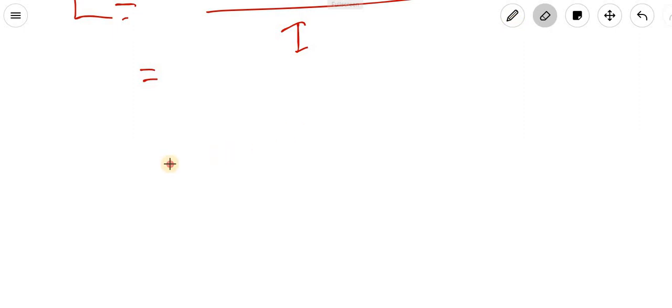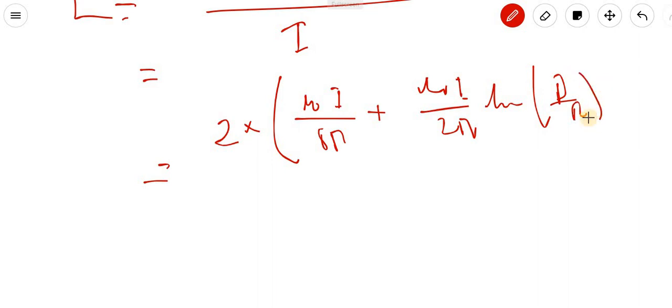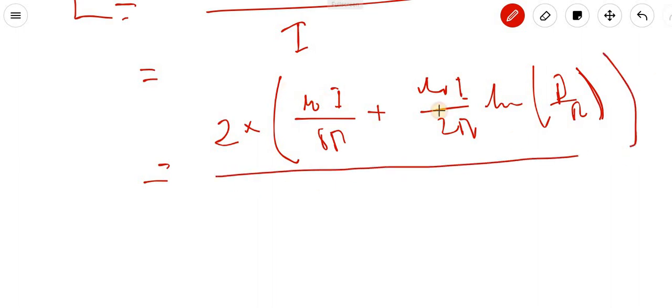This expression is 2 into (mu 0 I by 8 pi plus mu 0 I by 2 pi ln D by r), the flux linkage per unit length for the current.